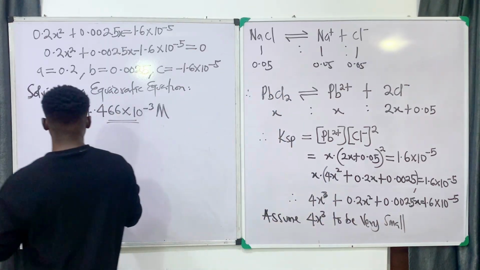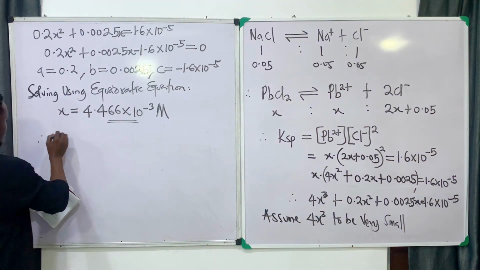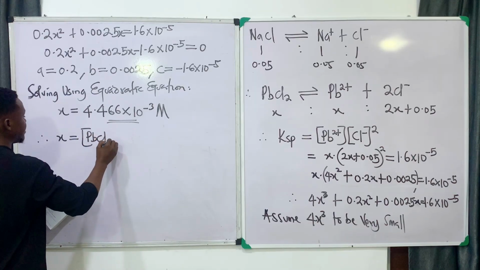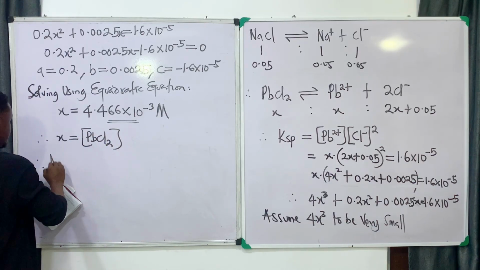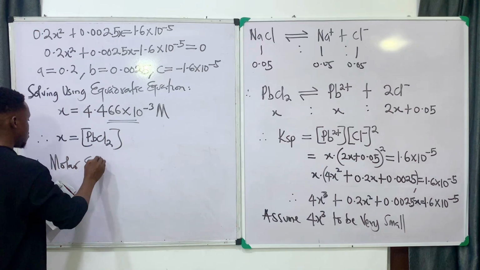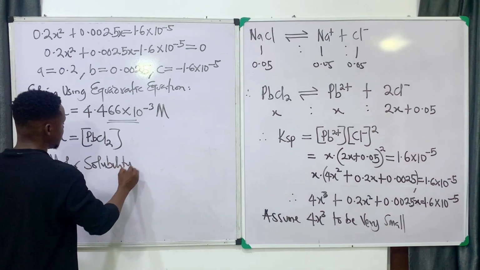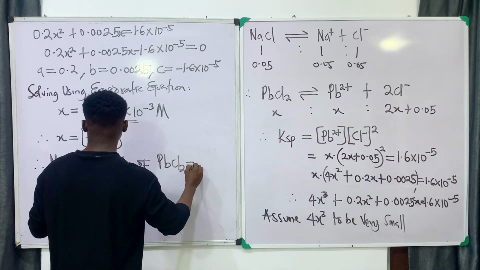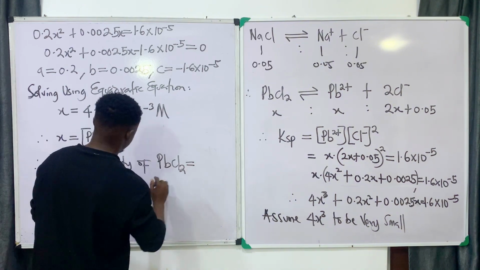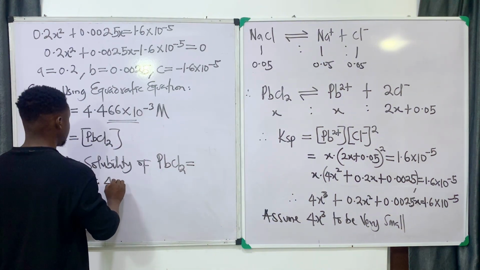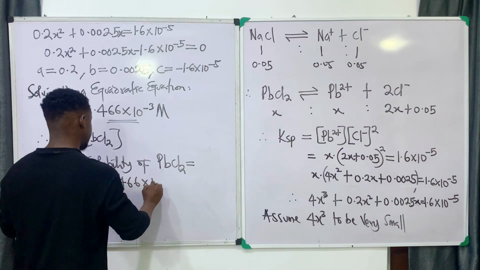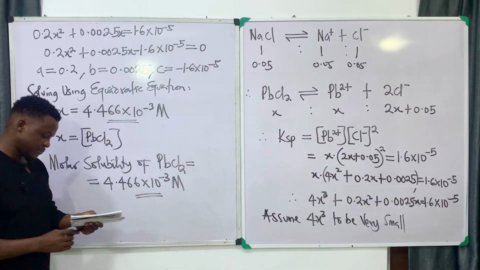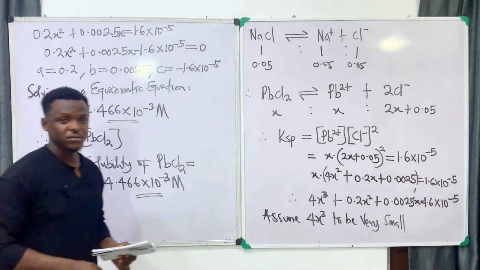So therefore, we've gotten our value for x. Recall we had said that x equals PbCl2. So therefore, the molar solubility of PbCl2 is equal to 4.466 times 10 raised to the power of minus 3 molar. And that is the answer to that question.